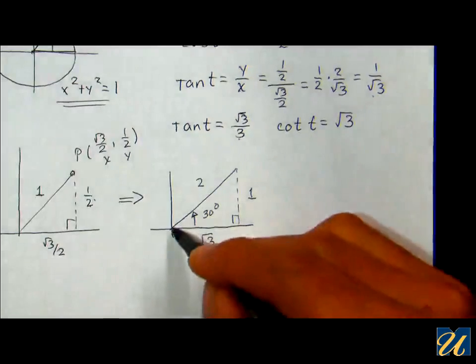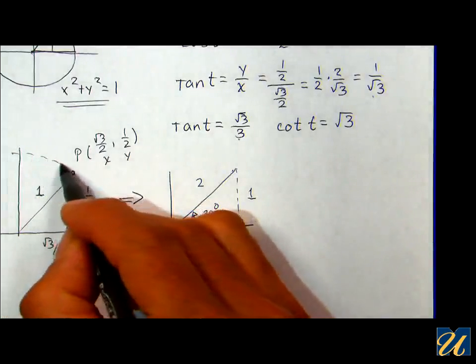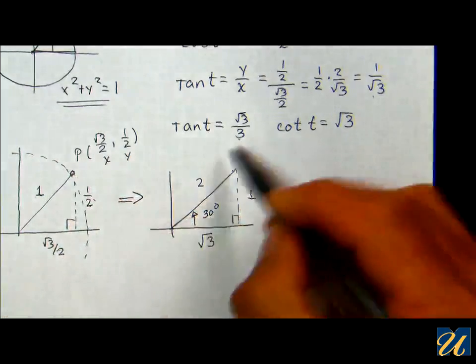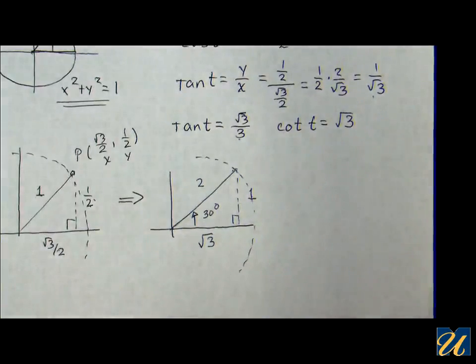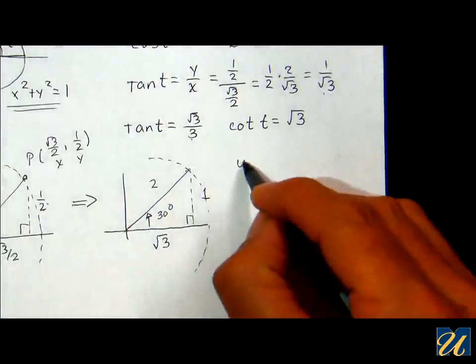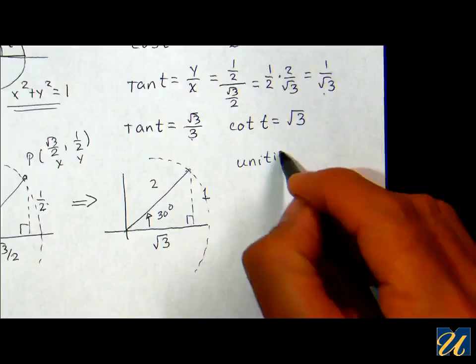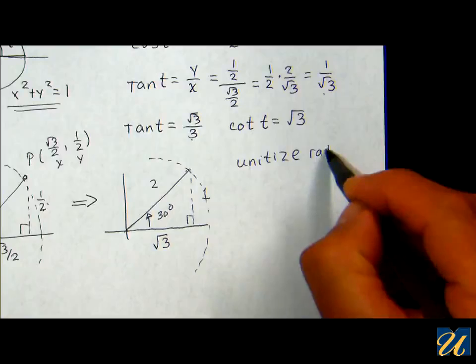Now this is not on the unit circle since the radius here is not 1, right? We have to envision the circle here, not shown, so there's a circle here. Radius is 2. So to make the radius 2, what you do is you unitize the radius. Okay, what does that mean?